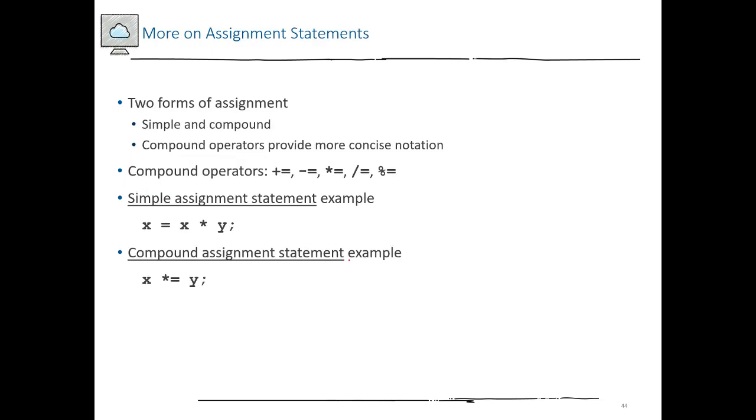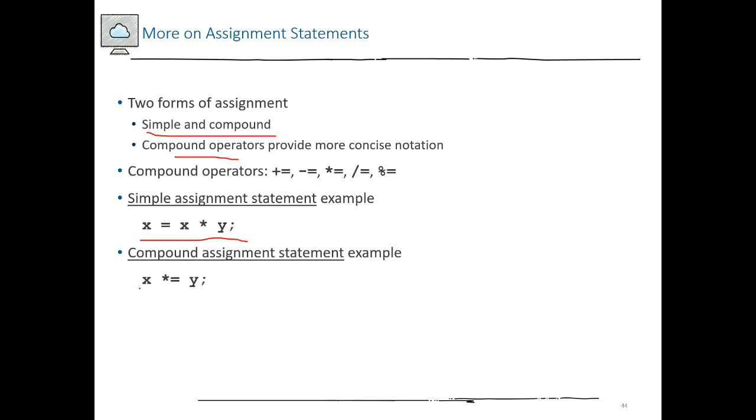Okay, there are two forms of assignments: simple and compound assignments. You can use compound operators to save space. For example, a simple assignment is x equal to x times y. So x is multiplied by y and put into x. That's a simple assignment statement.